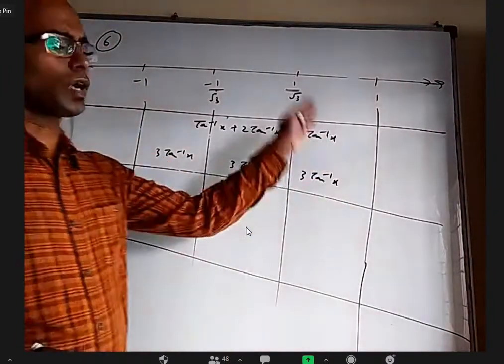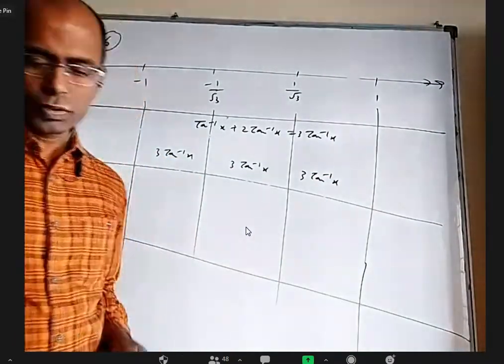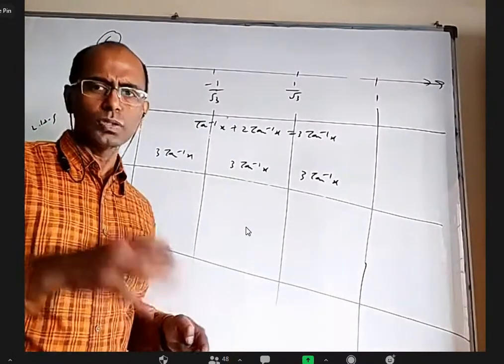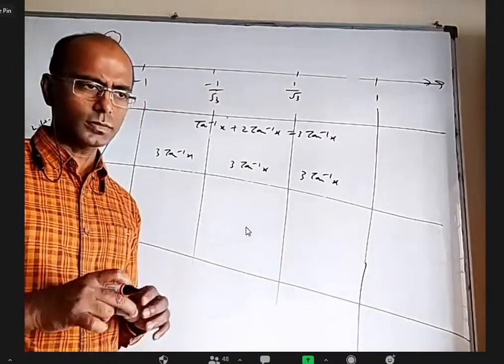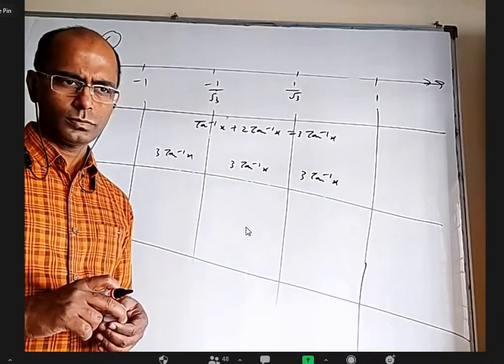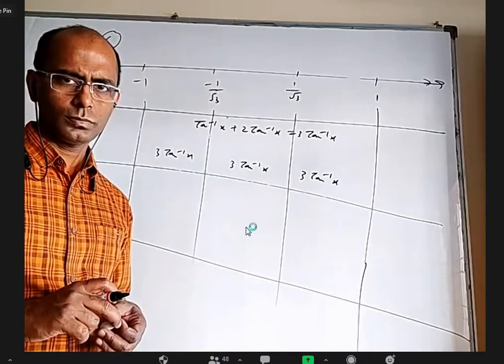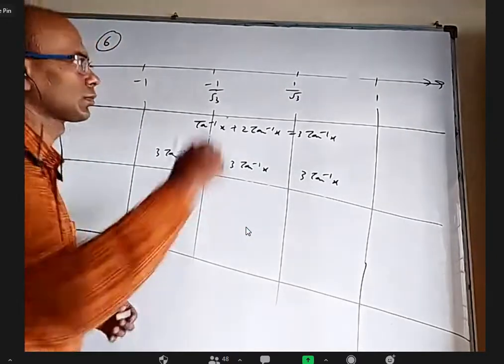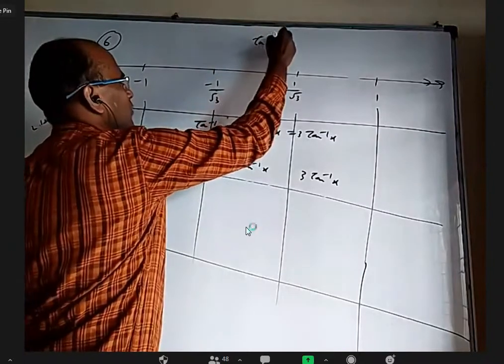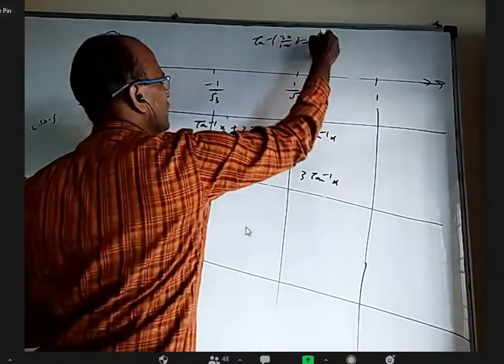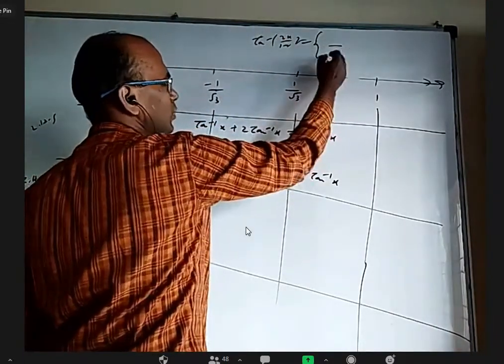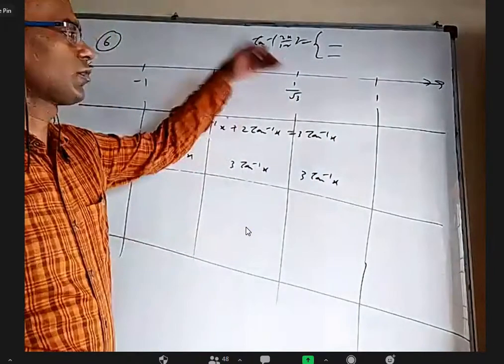But once you cross 1, tan inverse 2x by 1 minus x square formula is 2 tan inverse x minus pi, isn't it? Yes, sir. Tan inverse 2x by 1 minus x square, we have three cases. Between -1 to 1 one formula, after 1 one formula, before -1 another formula.